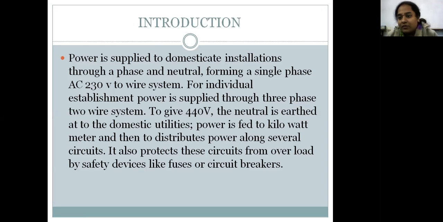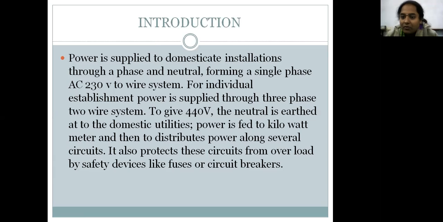From powerhouses to your poles, from powerhouses to your transformers, your nearest electric pole transformers. Then it will come to your house pole, then from house pole to your meters, from your meter to your MCBs, and MCBs to RCBs, and RCBs to your switches, and then to your bulbs and so on. So this is how the power is generated and given all over.